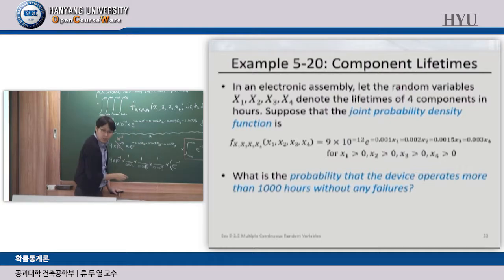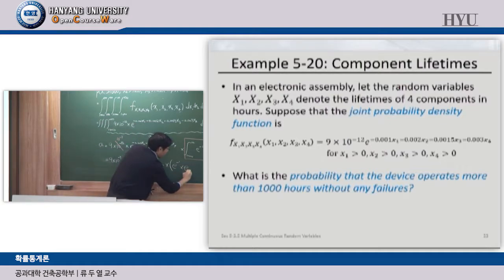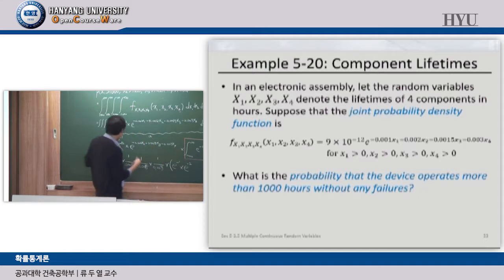And what about x2? This will be exponential minus 2, right? If you repeat the same calculation for x2, the range is from 1000 to infinity, so exponential minus infinity goes to 0. If you multiply 0.002 by 1000, it's exponential minus 2.